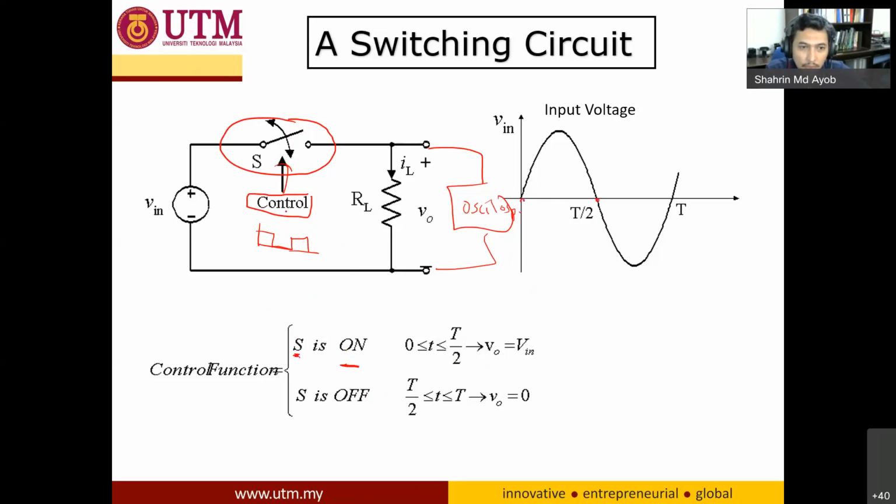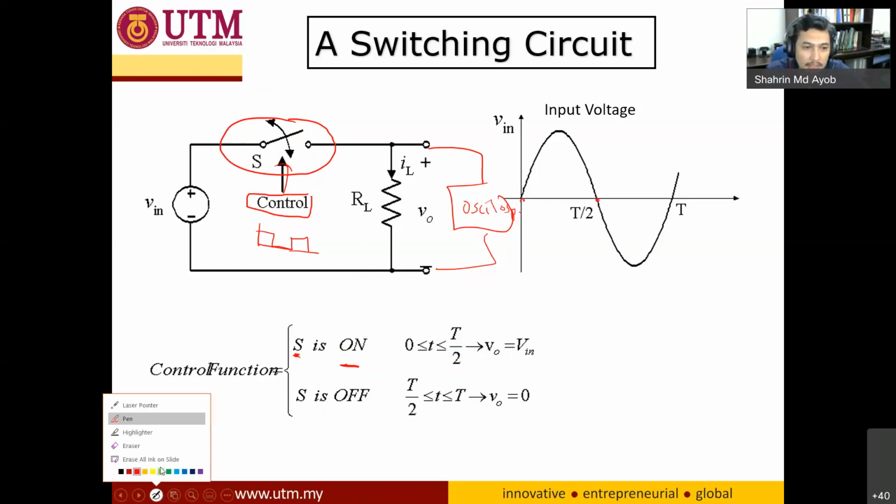So you give a control signal to turn on this switch from 0 to half cycle, and from half cycle to full cycle, you give the signal to the switch to turn off. A very simple circuit here.